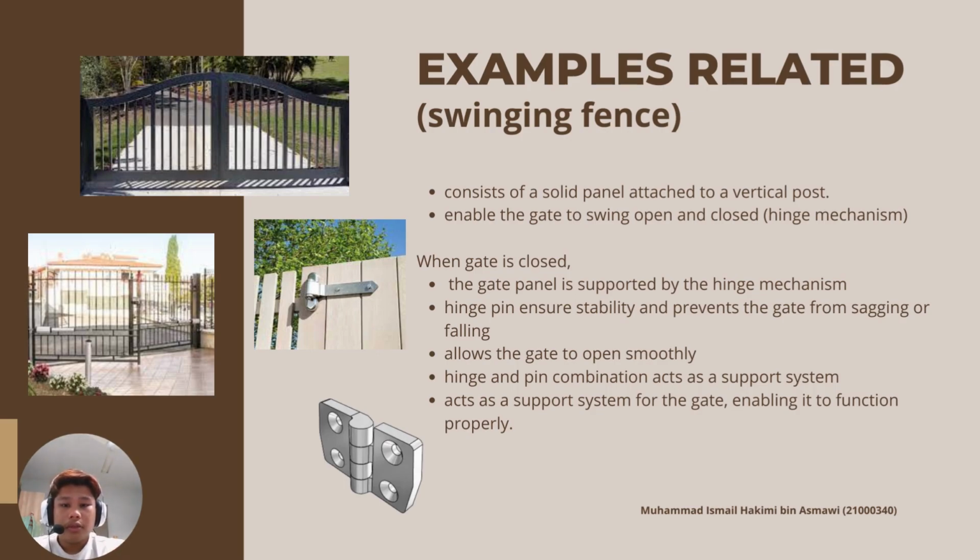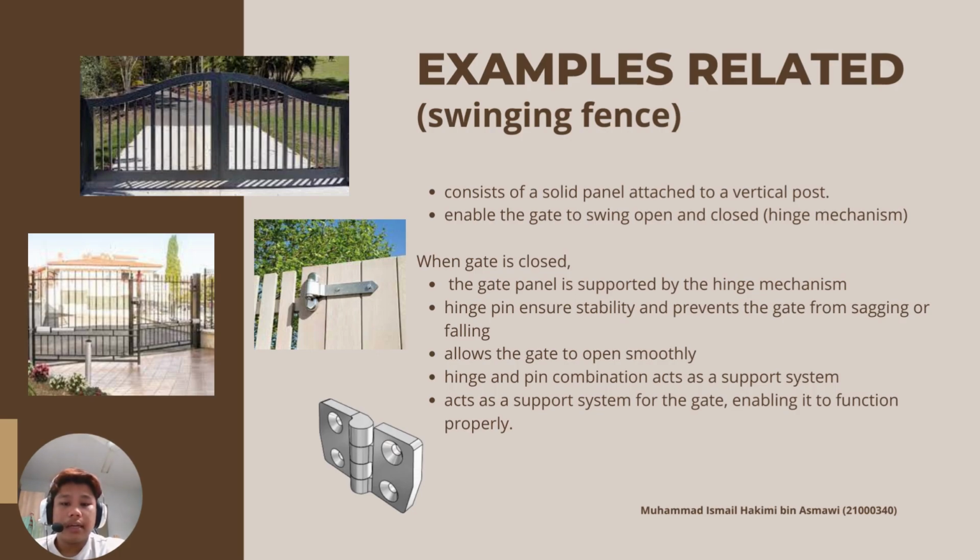The first example that I chose is a swinging gate. Basically, the gate consists of a solid panel which is attached to a vertical post. To enable the gate to swing open and close, a hinge mechanism is used. The hinge is typically composed of two metal plates, one attached to the gate panel and the other attached to the vertical post.